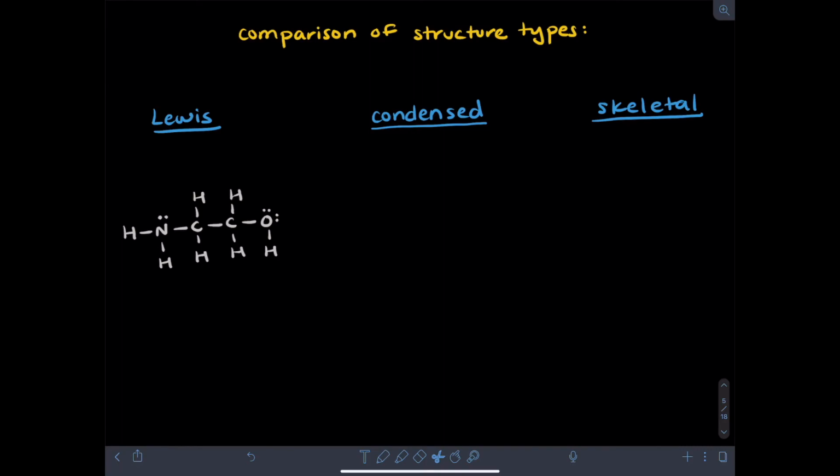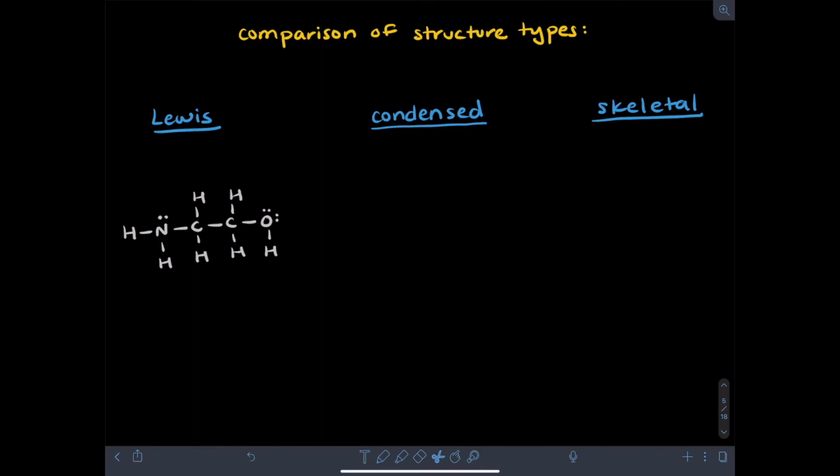Now, I have a side-by-side comparison of different structure types for a molecule containing an oxygen and a nitrogen. We don't treat these quite the same as carbon. So here's an example Lewis structure where I have a nitrogen with 3 bonds, 2 of them hydrogens. I have 2 CH2 groups in a row, and then I have an OH group on the right.